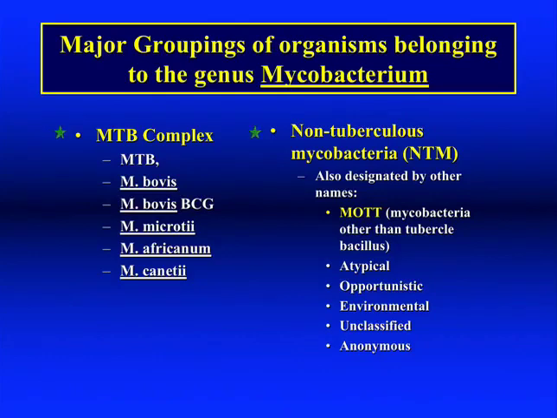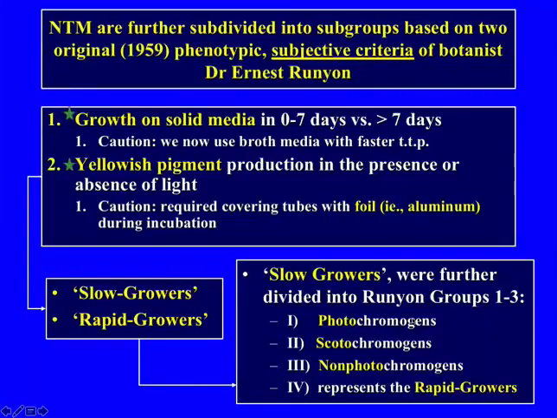Everything else is what we call NTMs, non-tuberculous mycobacteria, also known by some other authors as MOTTs, mycobacteria other than tuberculosis, atypical, opportunistic, environmental, because that's basically where they come from, or even other lesser known classifications.